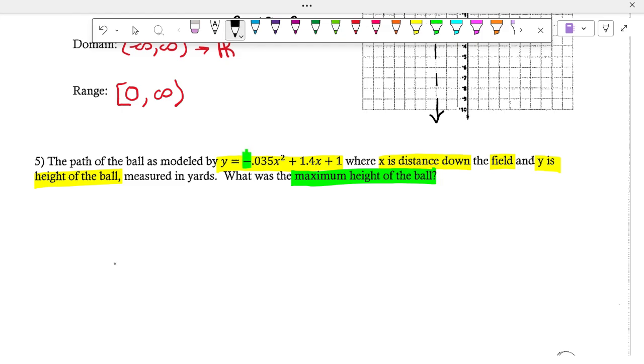All right, so if I just drew a quick sketch of it, it looks something like this. Now, it wants to know the maximum height of the ball. How do you think I would find that? What key feature do you think it's going to connect to? The vertex. So we need to find the vertex in order to figure out what the max height is. Now, how can I do that?